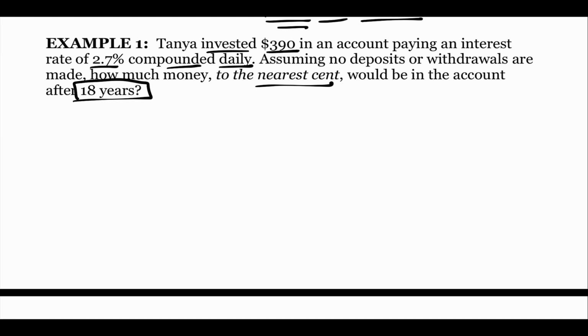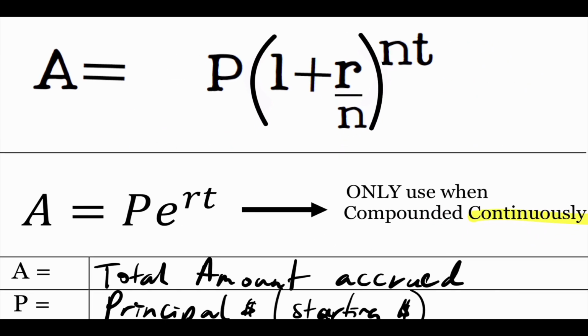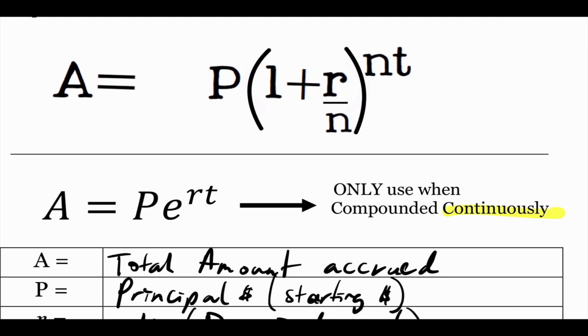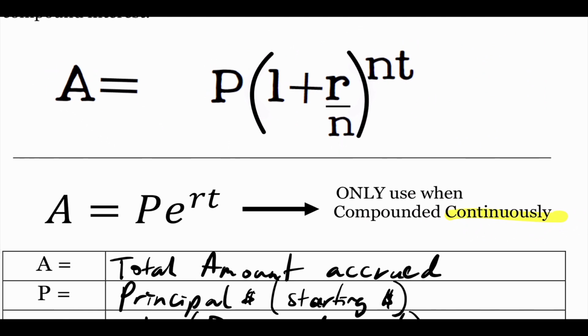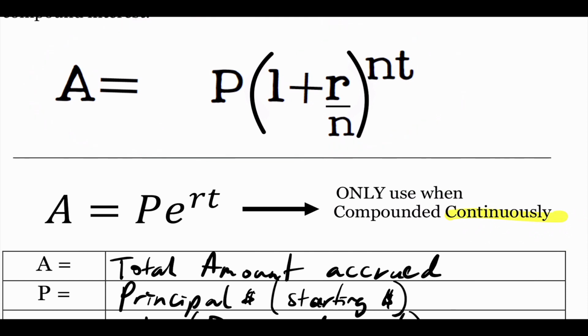So the first thing is, are we going to use the first equation or the second equation? The top one or the bottom one? Does it say compounded continuously in the question? Daily, right? Anything other than continuously, we're going to use this guy here. Only time we use the bottom is when it says continuously. Because continuously, define continuously.